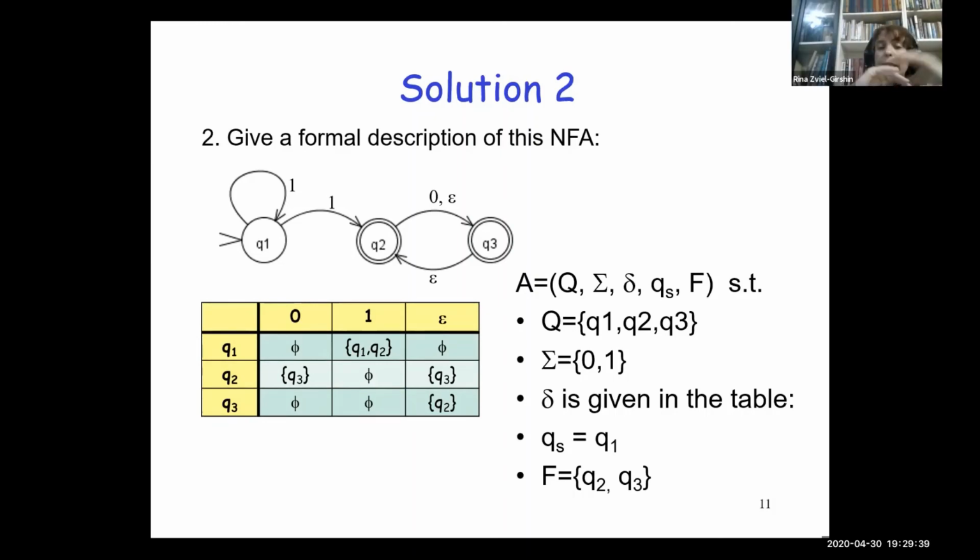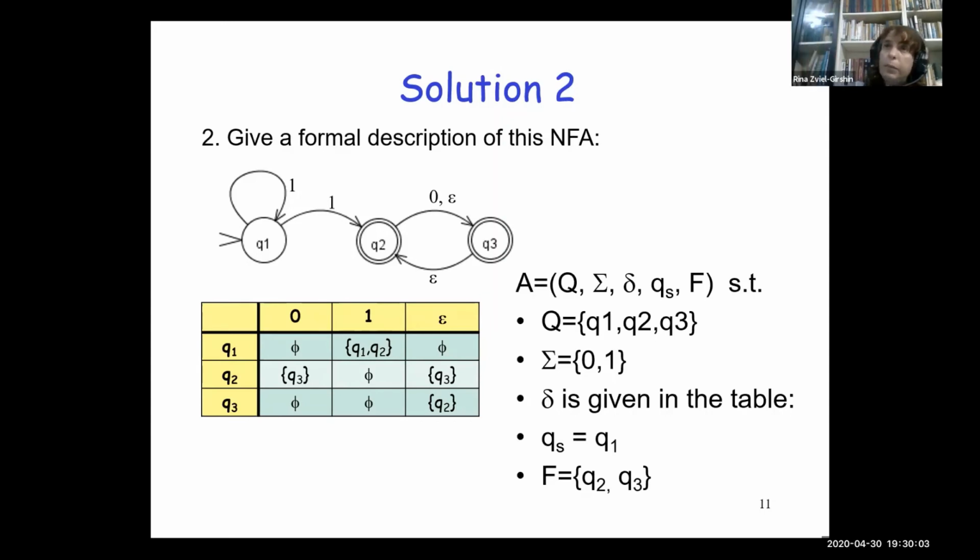Okay, so let's try to define our transition function. We have 3 states, Q1, Q2, Q3, and we have 3 columns: a column for 0, a column for 1, and a column for epsilon, since we have an epsilon transition. So the question can be asked, why in the previous automaton didn't we add epsilon? Because that automaton had no epsilon transitions.